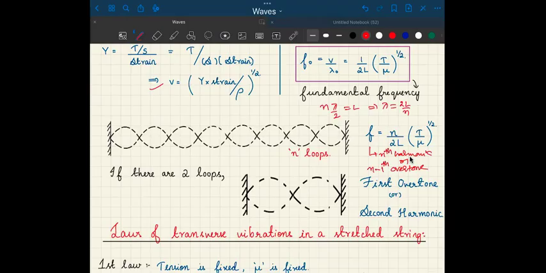Suppose the string is vibrating with two loops, you will write it as 2f0. 2 times 1 by 2L root T by mu, 2 times you are writing. So it is the second harmonic, and it is the first overtone. Overtone means how many times after the fundamental. Counting the fundamental as 0, you should say overtone. Harmonic is not like that. For harmonic, you should count n equal to 1 as the fundamental.